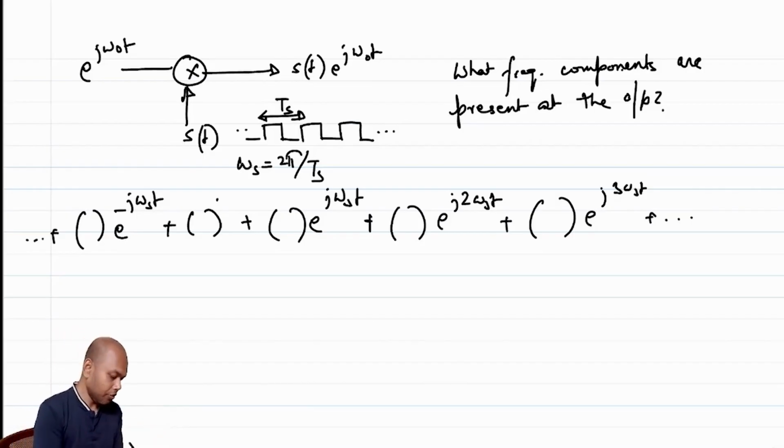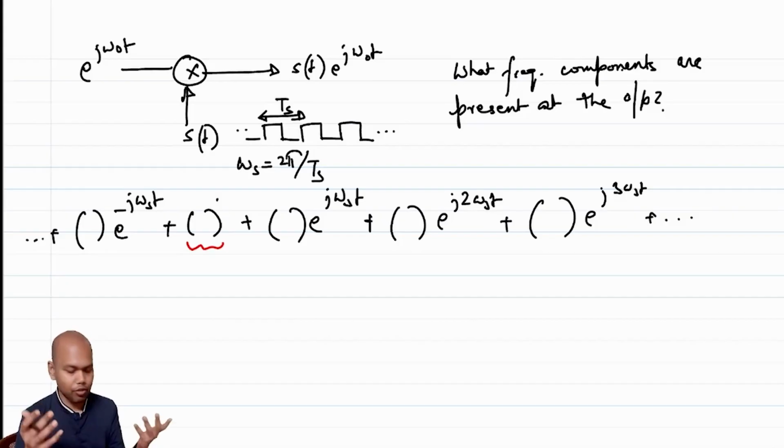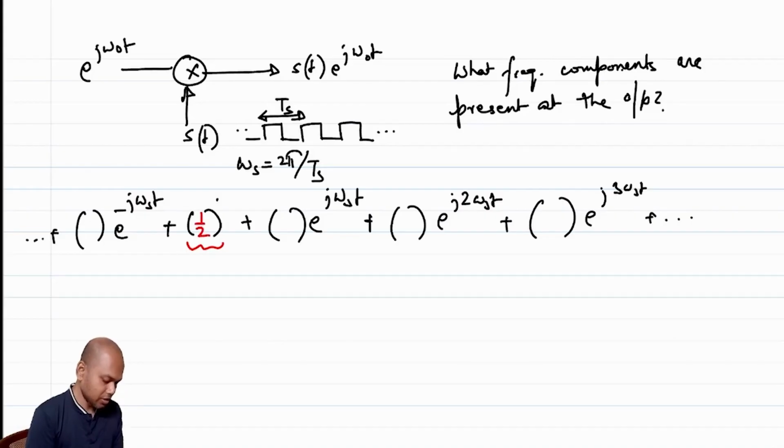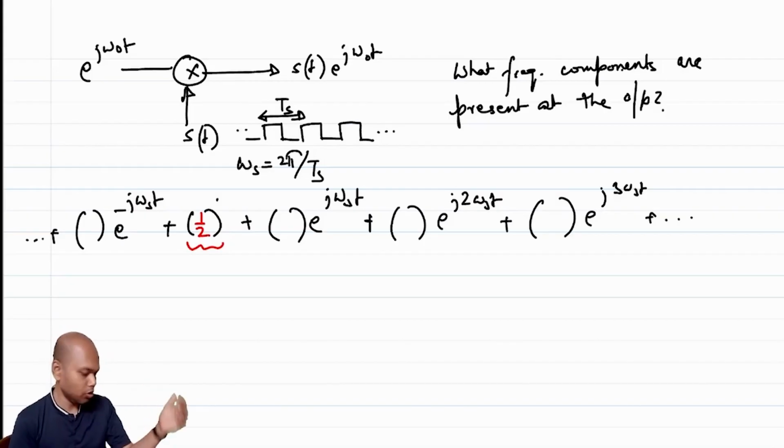But the coefficients which are in the brackets can be exactly evaluated, right? We have done that before, so I will just pull the results. So the DC term, which is independent of omega s, is essentially the power, right? It's the average value of the system in this case, which is essentially half, if I assume this s of t goes from 0 to 1.